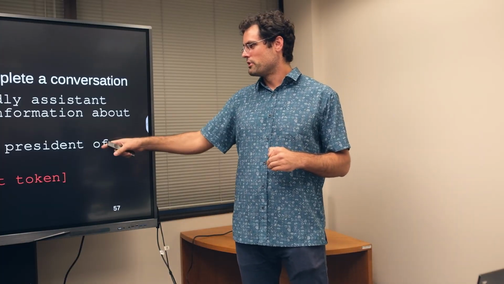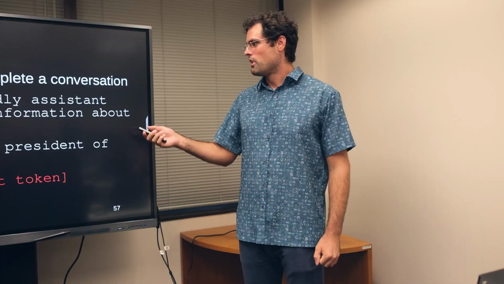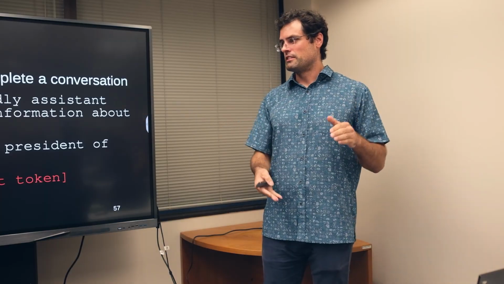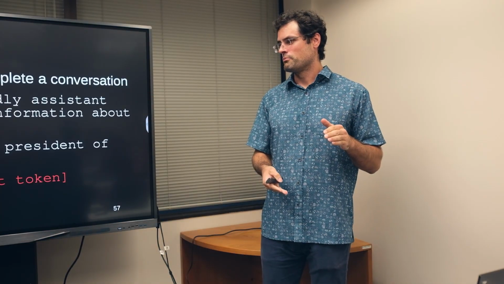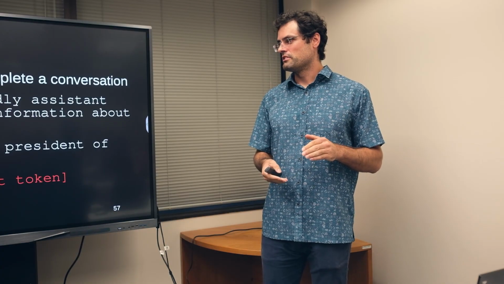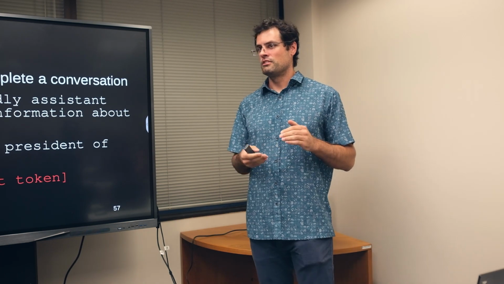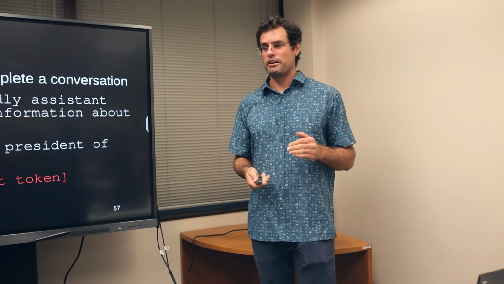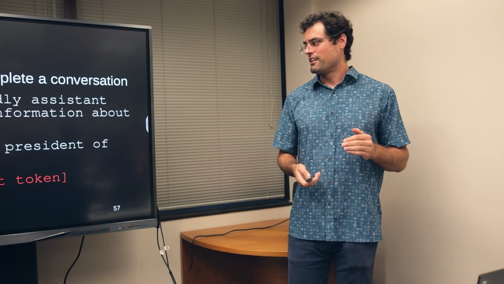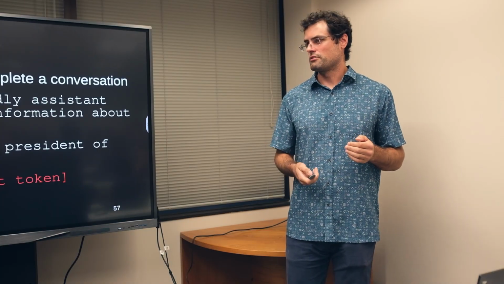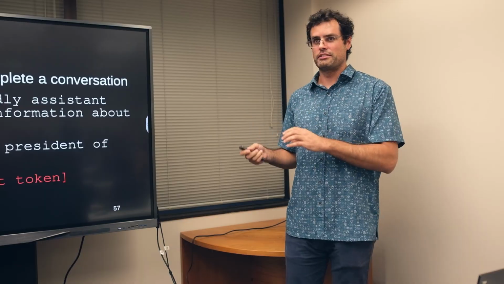Then the user inputs the prompt, so, who was the first president of the United States, then the assistant, and then this all goes into the LLM, and it's just predicting what the next word's going to be of this chat. So the researchers and all these AI companies build a large data set formatted like this, and they train or fine-tune a model, and then they have a model that's able to answer questions for you just by predicting what the next word in your conversation is going to be.